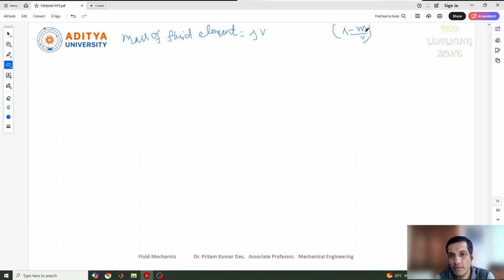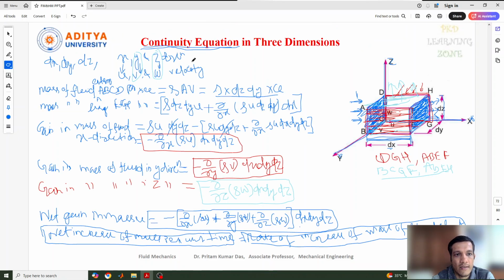Now the volume of this fluid element is the length, breadth and height. So we can write rho into dx, dy and dz. This is the mass of the fluid element.